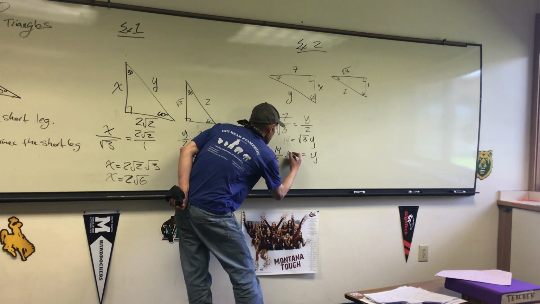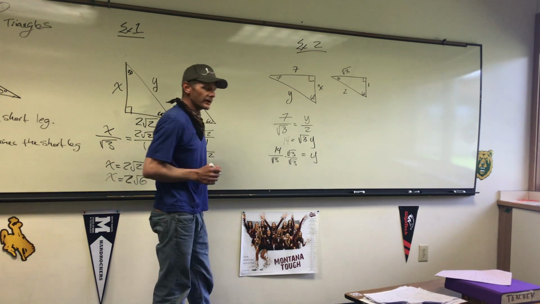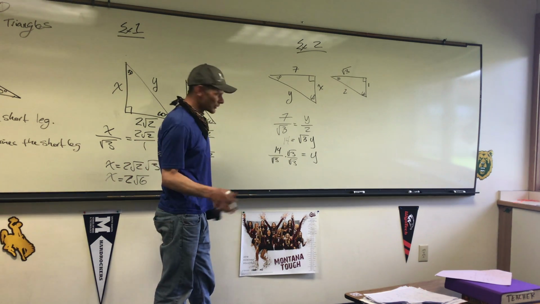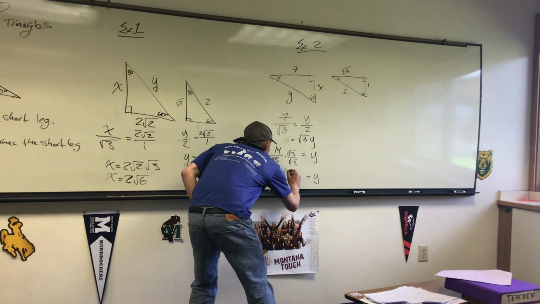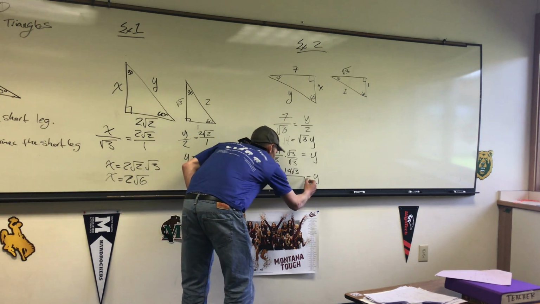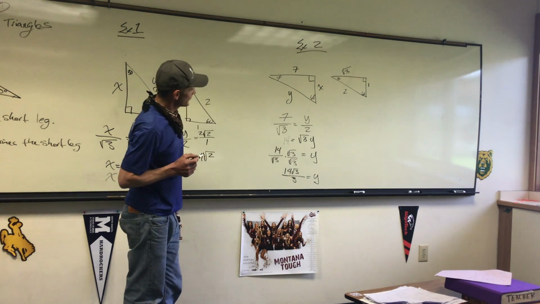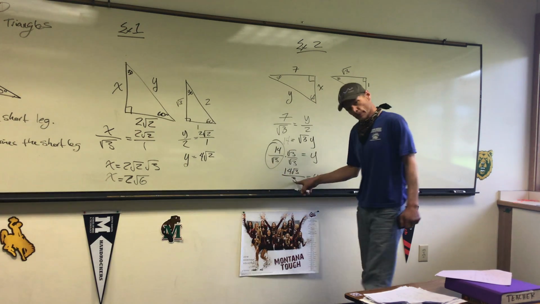That is, we multiply by a smart 1 that looks like the denominator, just so we don't have any square roots in the denominator. So we'll write y equal to 14 square roots of 3 over 3, since square root of 3 times square root of 3 is just 3. So there's your solution. This answer right here is okay. This one's better. Okay?